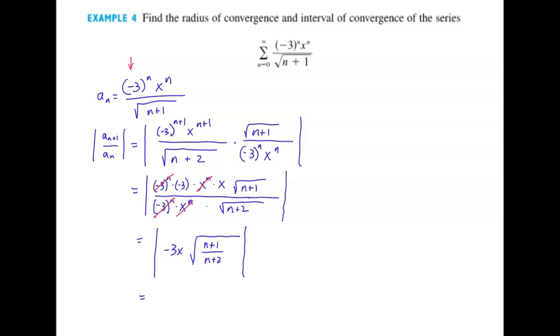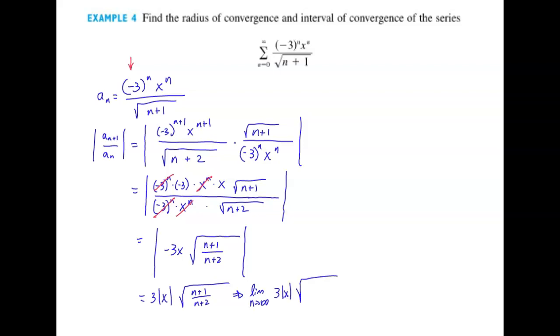All right, so this is positive 3 once I take the absolute value. So this is positive 3, absolute value x, root n plus 1 over n plus 2. All right, under that square root, let's divide by n, both numerator and denominator, and then we'll evaluate the limit as n goes to infinity. So I have 3 absolute value x.